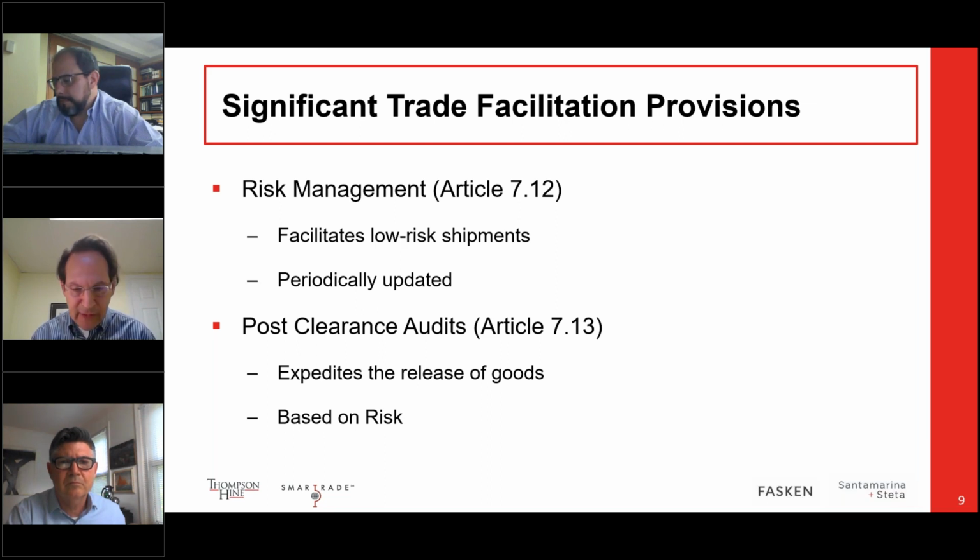I also would suggest that traders looking at finding importers in Canada make it a condition of their commercial contracts, to the extent that these will be chronic shipments, that their importers be participants in these trusted trader programs. It simply, especially in a COVID environment, removes an additional layer of friction at the border.